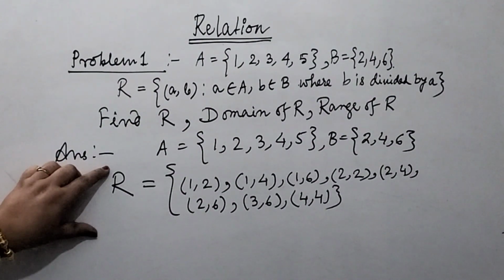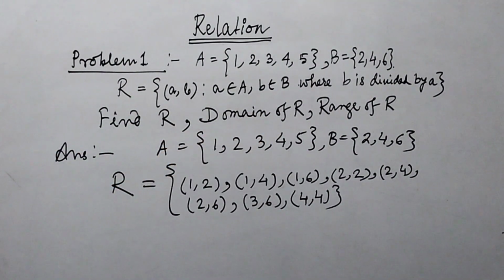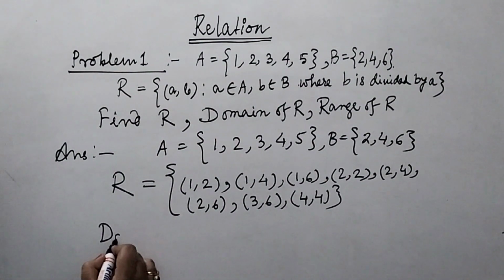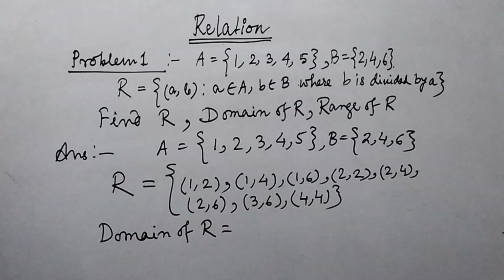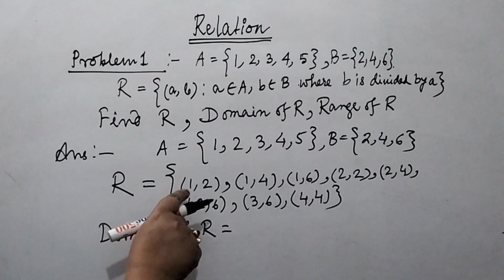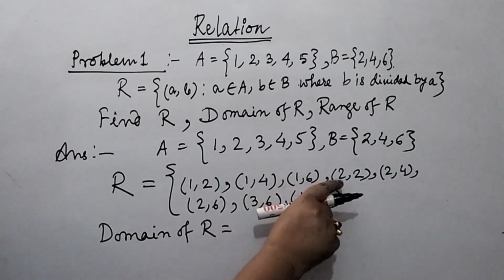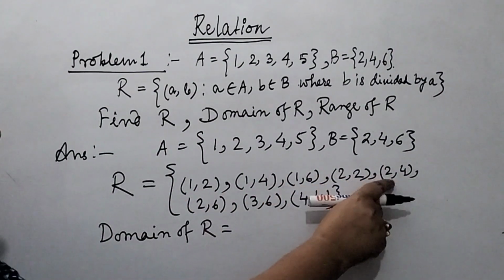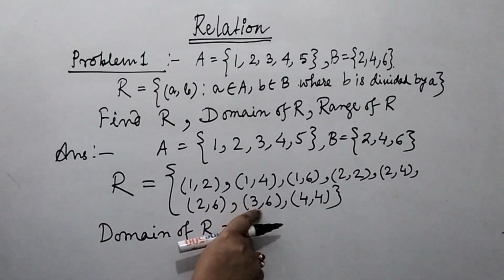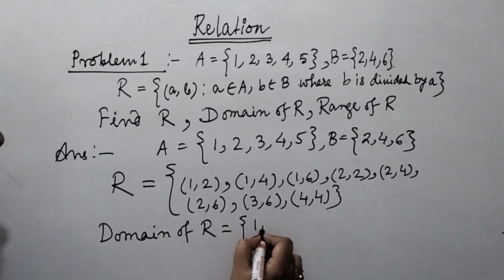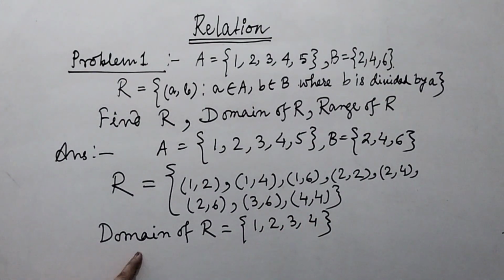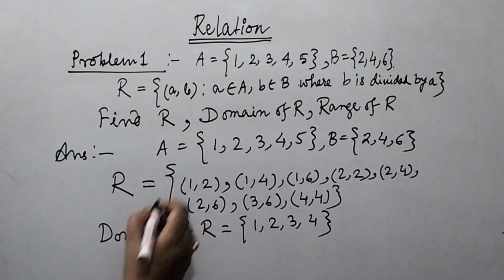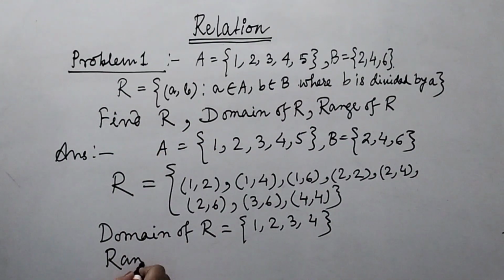Now from this structure of R, we can easily get the domain of R. So what will be the domain of R? The domain of the relation contains the first elements of the ordered pairs. So here we get 1 as the first element, then we get 2, then 3 and then 4. So 1, 2, 3, 4. These 4 elements will be in the domain of the relation. And what about the range of R?